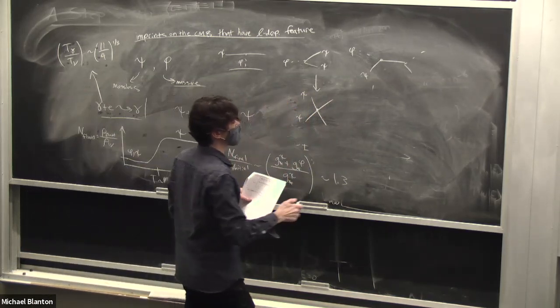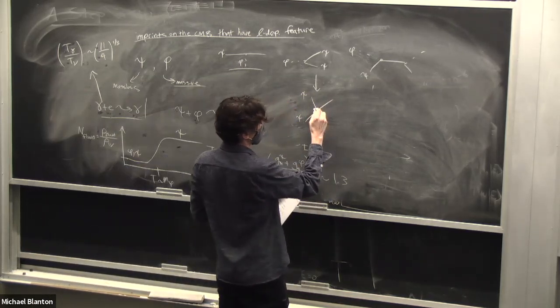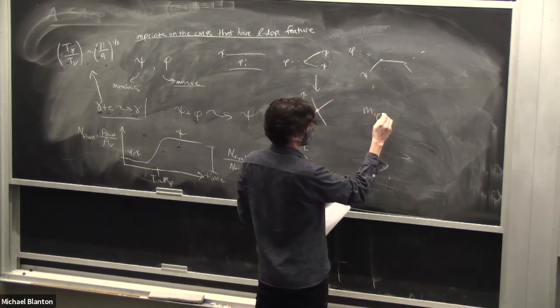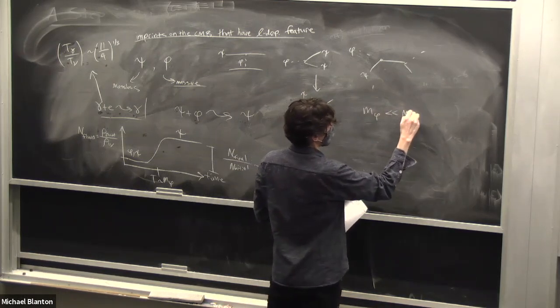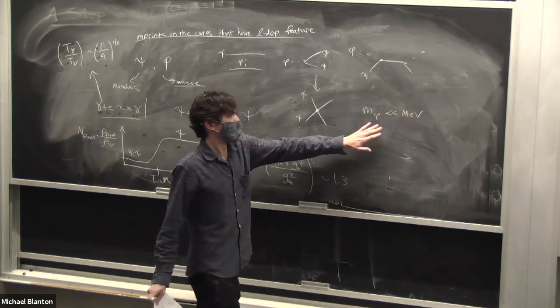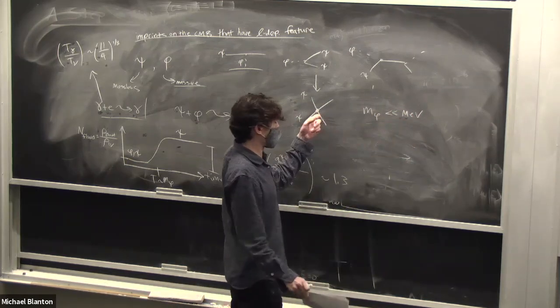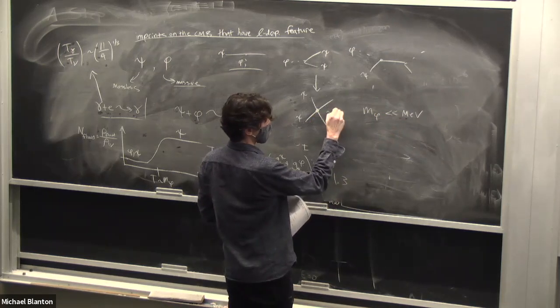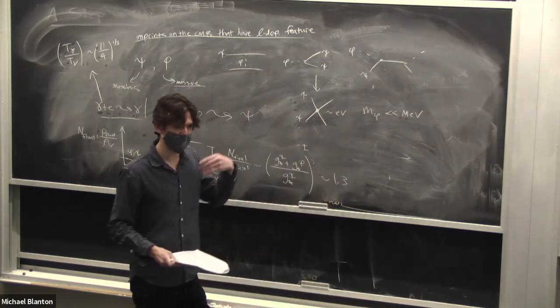In this model, these interactions are strong enough to keep this thing a fluid, provided that the mass of phi is much lighter than an MeV. If it's at an MeV, you need order 1 couplings. And this is just the statement that you want this thing to be strongly coupled down to the time of recombination, down to an eV.